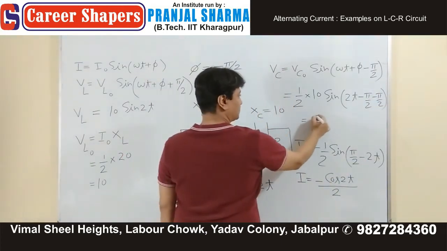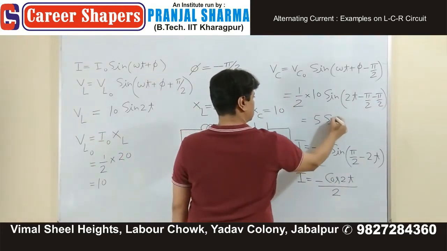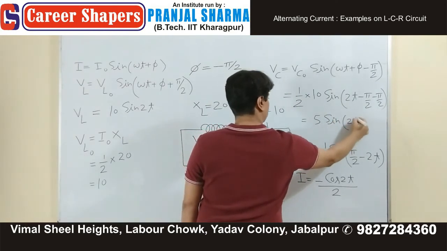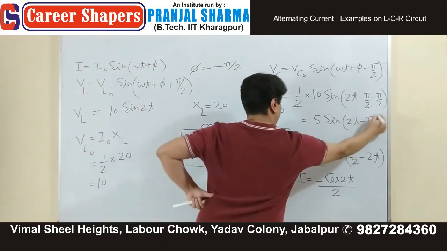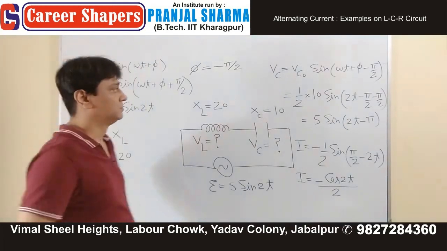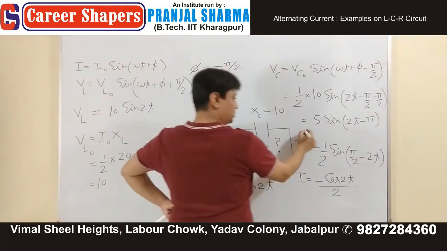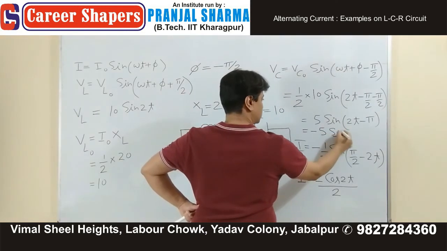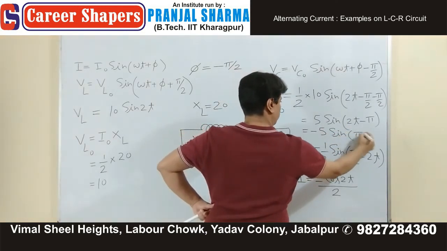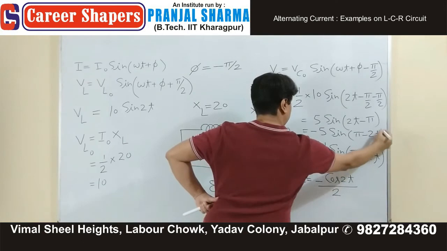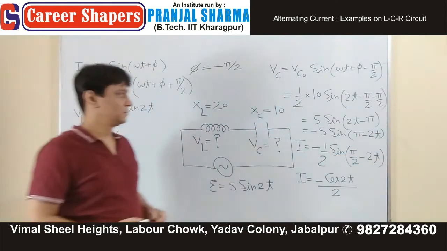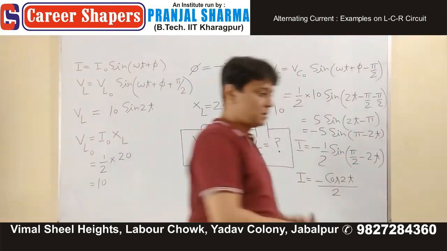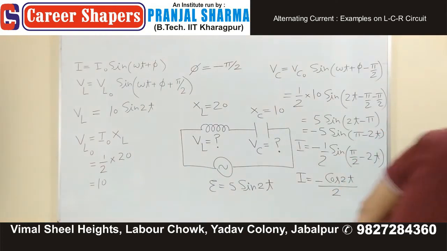This becomes 5 sine 2t minus pi, which is minus of 5 sine pi minus 2t. Take the negative sign out.